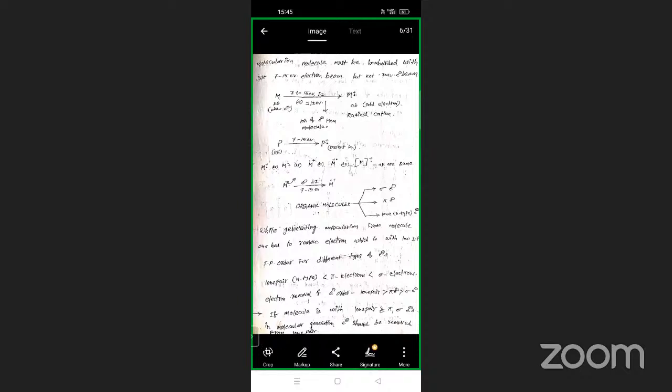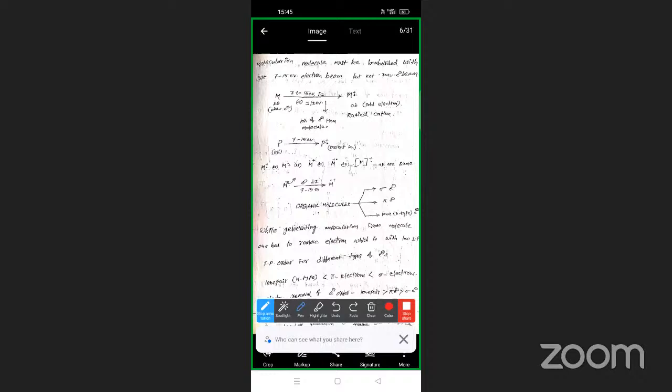If you see the order of ionization potential, the sigma electron IP value is more than the pi electron, then the lone pair electron. Lone pair electron IP values are less, pi electron values are medium, and sigma electron IP values are more.